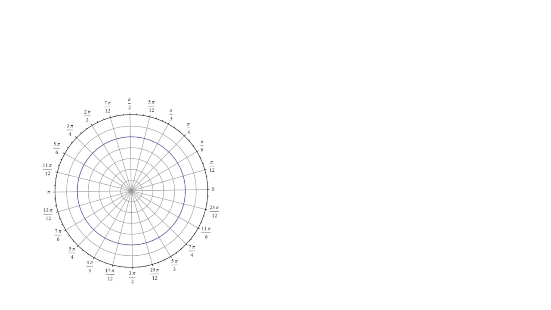Let's say I have the point 2 comma pi over 4, and I want to plot this. Remember it's an r comma theta point, and because theta is the independent variable, you're going to go to pi over 4 first. Here's our pole, and here is our polar axis.